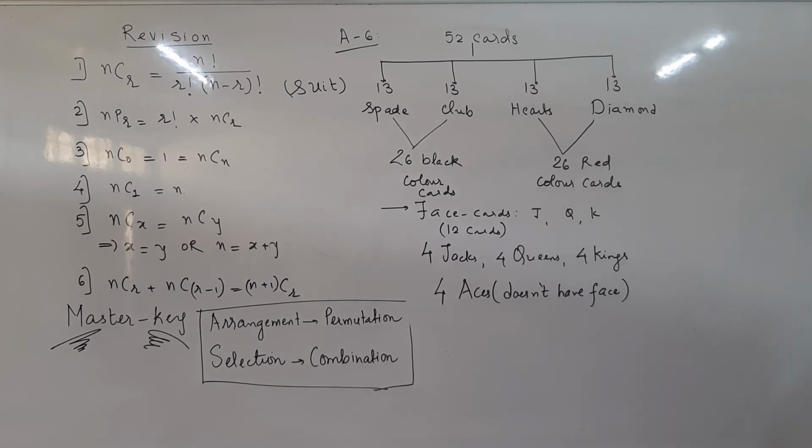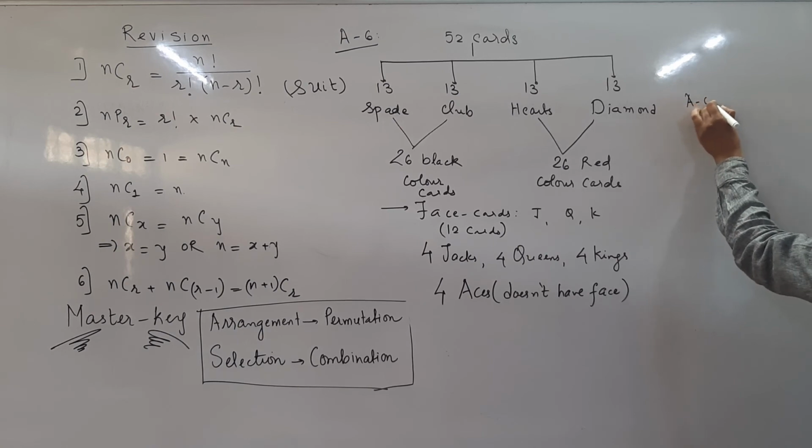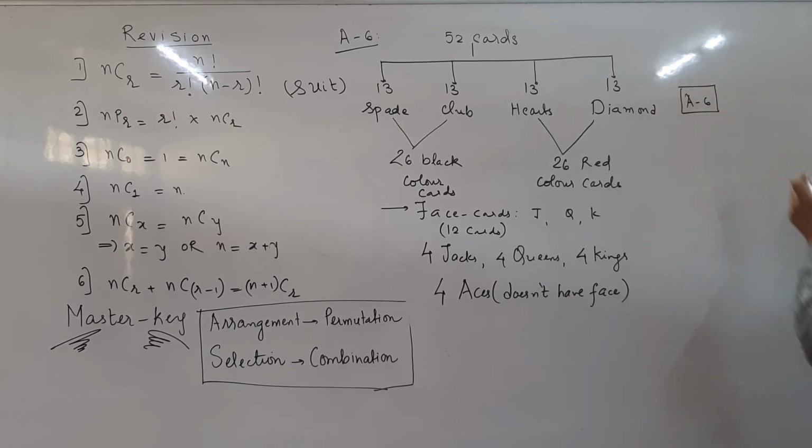Now, sixth sum reads as: determine the number of 5 card combinations out of a deck of 52 cards. It is exactly 1 ace in each combination. So, answer 6 now I am continuing. This was altogether the basics for answer 6. So, let us continue.